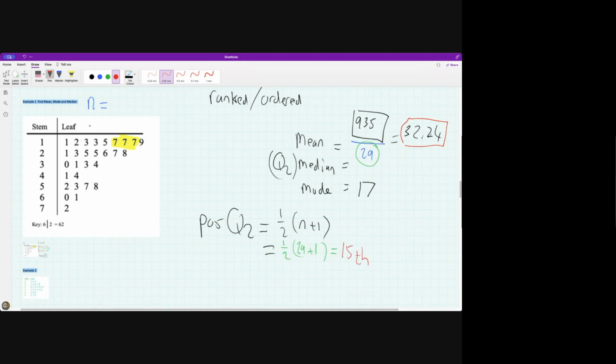So you are looking for the 15th position in the stem and leaf diagram. Okay, let me slow down for a second. Sivam Kele, for the mean, I need to find out the total number of items in this data set. If I count here, 1, 2, 3, 4, 5, 6, 7, 8, 9, there are 9 items in that line.